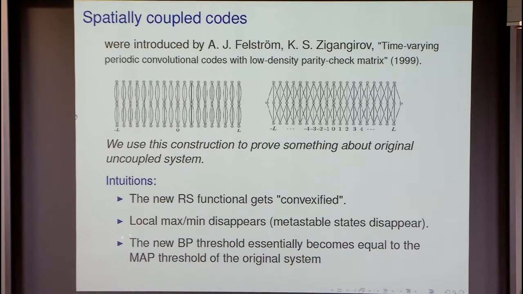Okay, so that's what I'm saying here. For these codes here, the local min for the entropy, it's a local max, so sometimes I change words between max and min, but this local thing disappears, the metastable states disappear, and the new BP threshold, the new algorithmic threshold of the coupled codes becomes basically equal to the optimal threshold, okay?